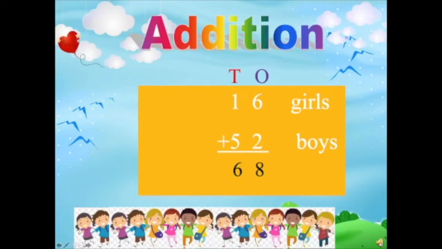We start with the 1 place. 6 plus 2 is equal to 8. Now we can move on to the digits in the 10th place. 1 plus 5. The sum of 1 plus 5 is 6.